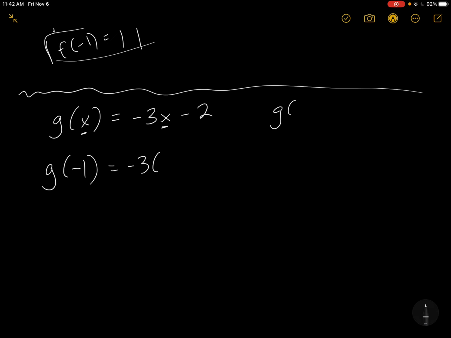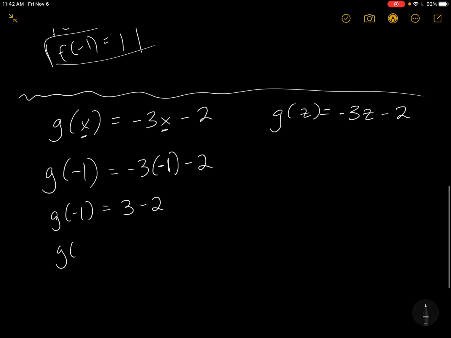So they might say g of z is equal to -3z minus 2, right? Same concept, it's just now they decided to use the letter z for their variable. So it's all the same thing, it's just changing letters, because the letters really don't matter as long as they're consistent. -3 times -1 is positive 3 minus 2, so therefore g of -1 is equal to 1.